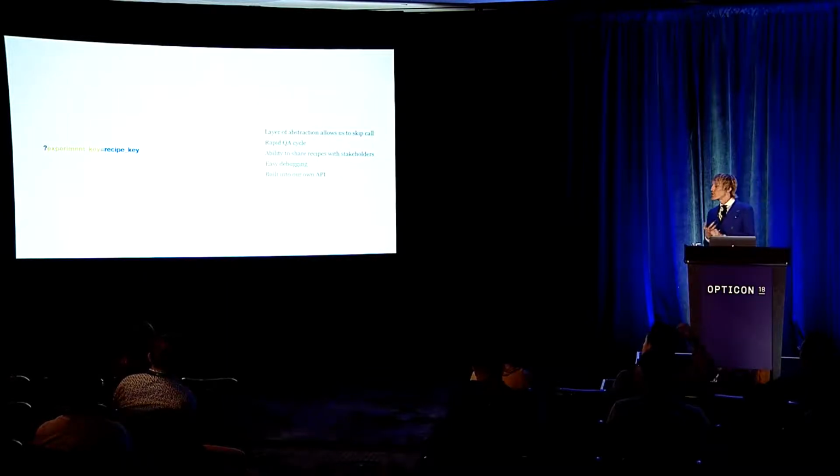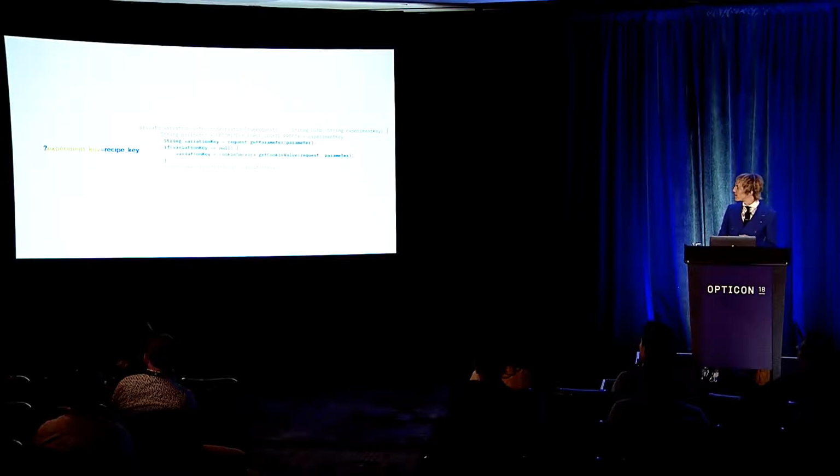It also helps us share recipes with our stakeholders. It helps us share that we're doing these experiments, and explain in demos and stakeholder meetings why we're doing it. It really lets us debug in like a second, and it's built into our own tools. So just really quickly, what it looks like. When we're grabbing a variation, we grab the key, we save it.